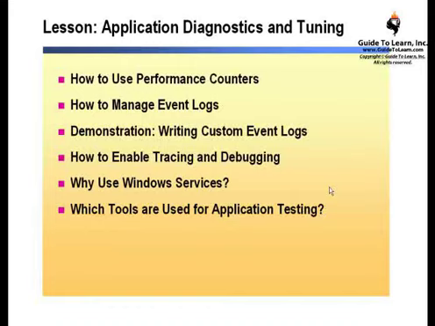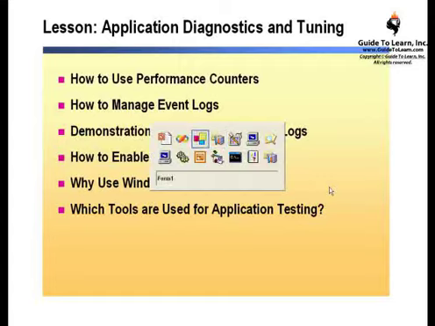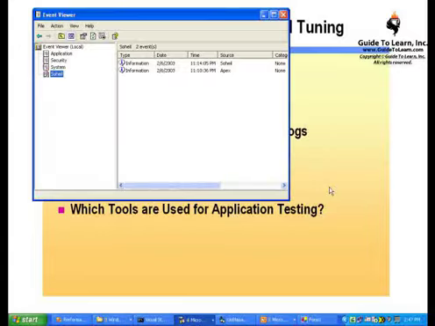Obviously, the concept of an event log has been around for a long time, starting from NT 3.5, I think, 3.51. Now, if I go back and show you the event log here, by default there are 3 or more logs available. If you have DNS, you're going to have a DNS log. If you have DHCP, you're going to have a DHCP log. But by default, in NT also, you have 3 logs: Application, System, and Security.